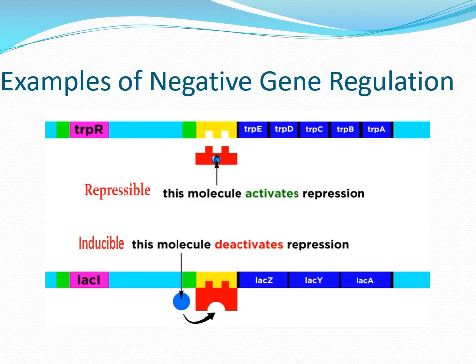Now we have already done the lac operon and the trp operon. Both of them are examples of negative gene regulation, because the regulatory protein basically represses the transcription of the polycistronic units in both the operons.